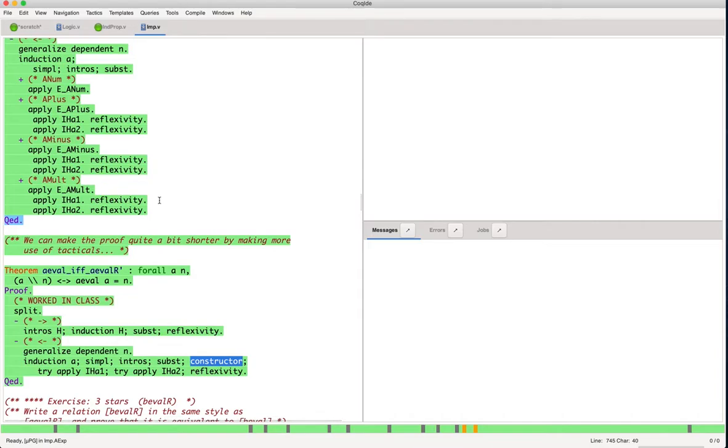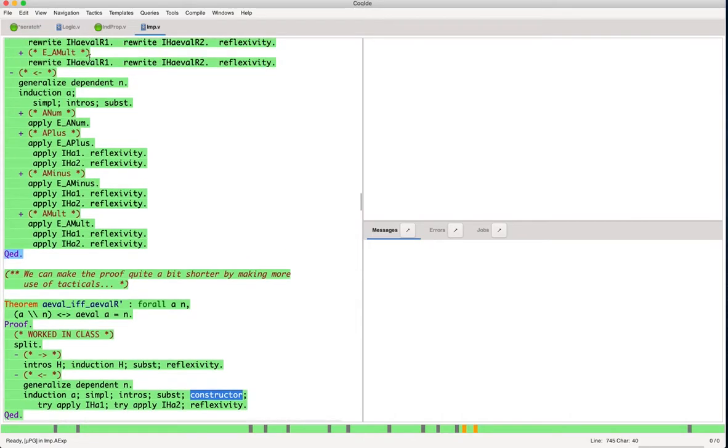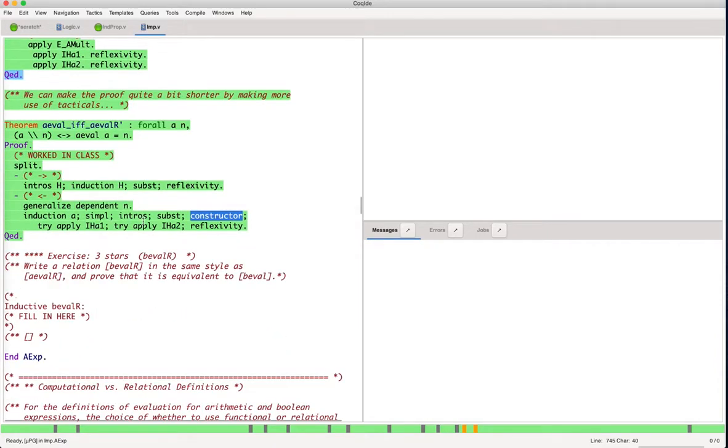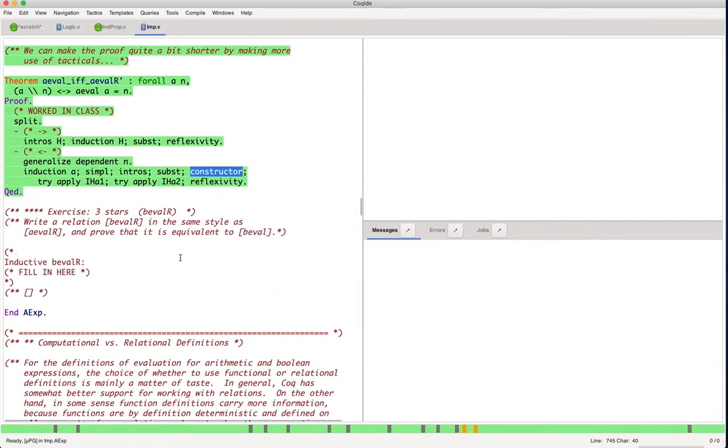So often you write out the longhand version of the proof and then simplify it down using the tacticals. And as you get more experienced, you can do that a bit more in advance, but often at this stage, it's better to try and write the long-winded version of the proof and simplify it later, which is exactly what you have to do for the homework.